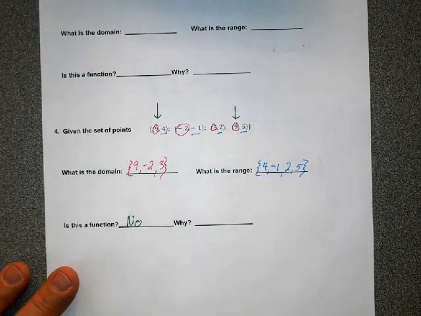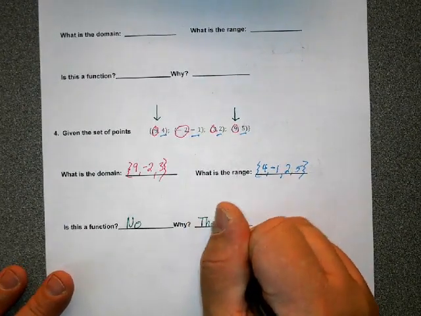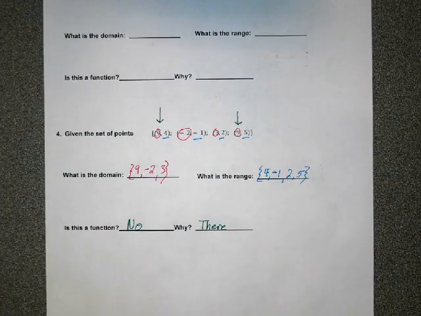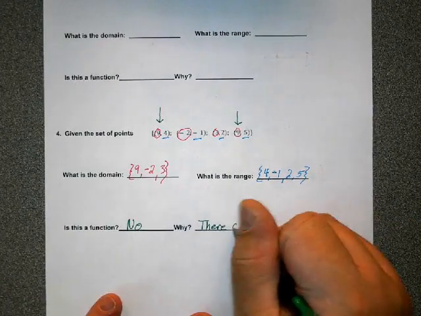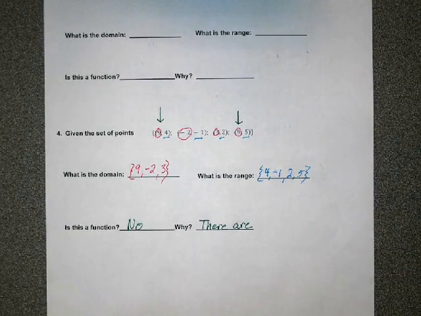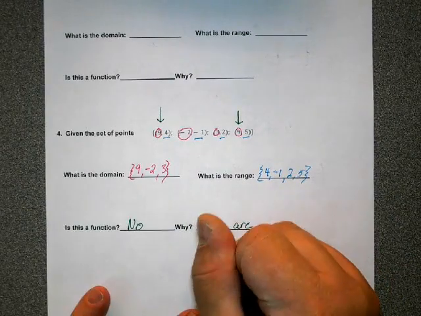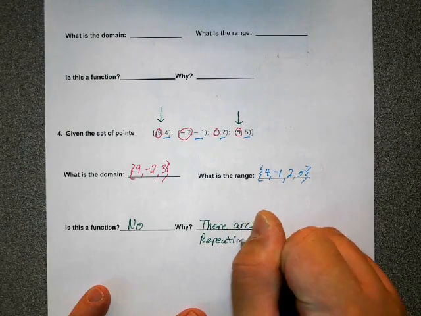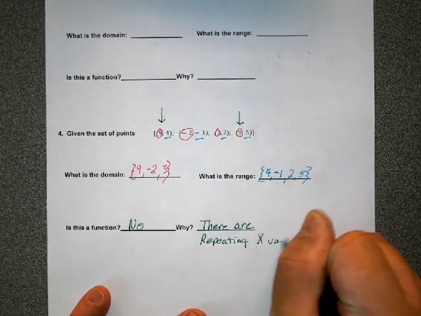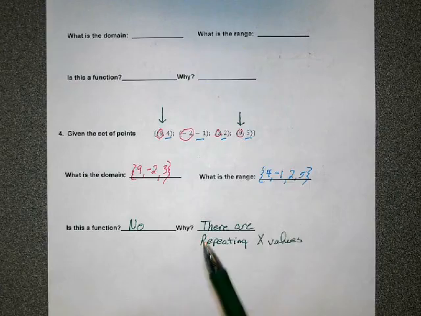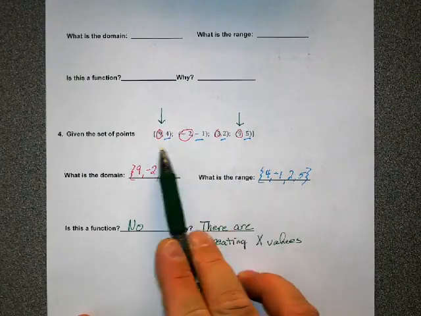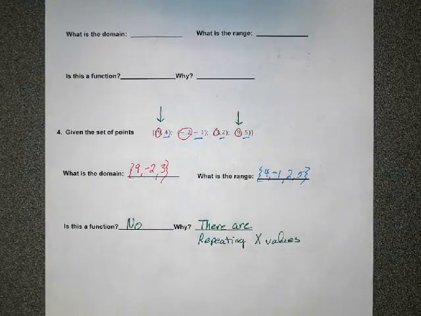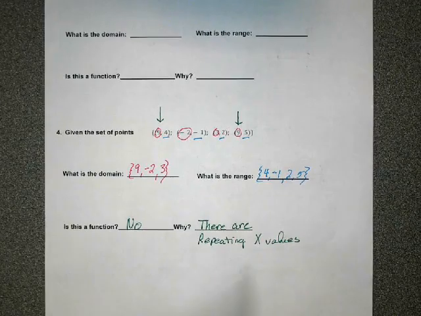And that's part of the definition, okay? Even if there are repeating x values. In other words, we have two outputs for the same number 9.